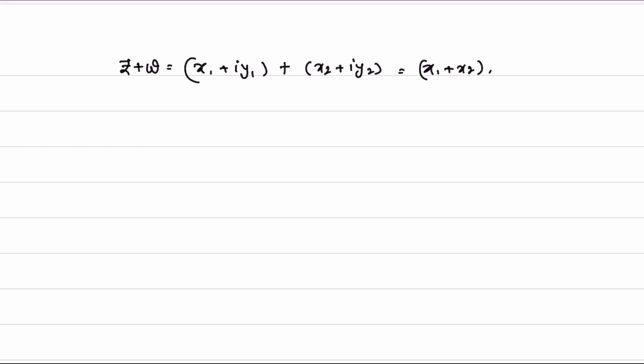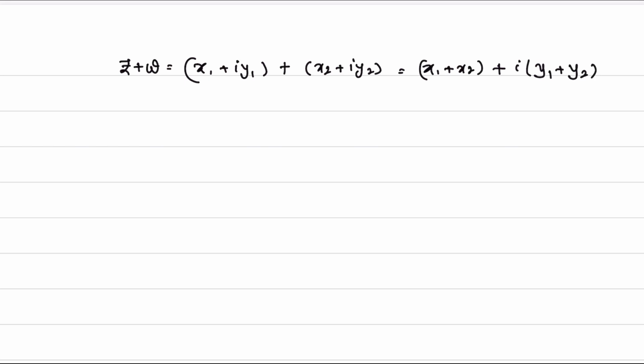Then when you add the two vectors, z plus w is equal to x1 plus iy1 plus x2 plus iy2, which, by adding the real numbers together and the imaginary numbers together, is x1 plus x2 plus i into y1 plus y2.